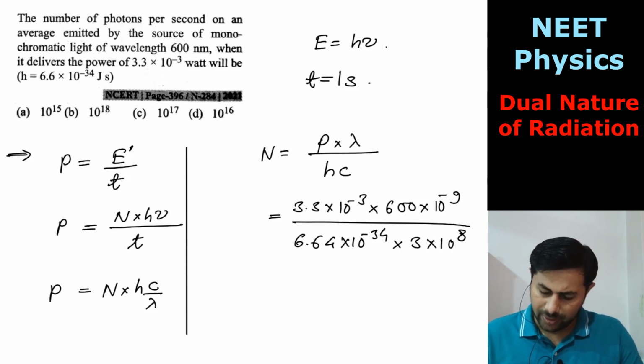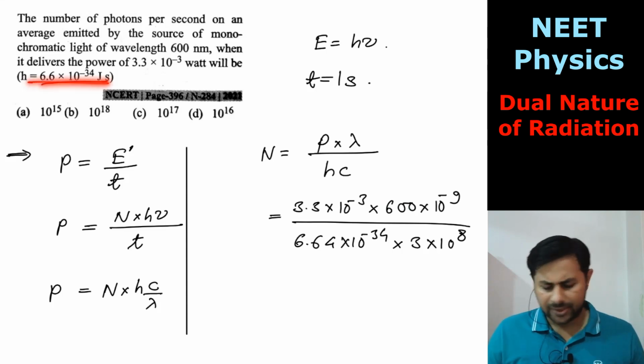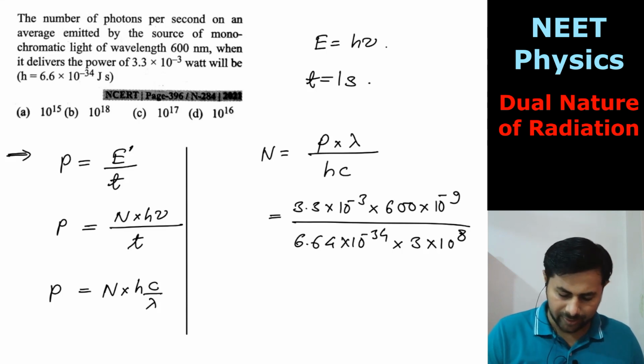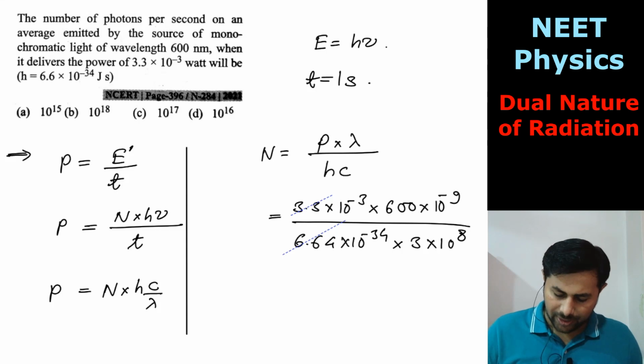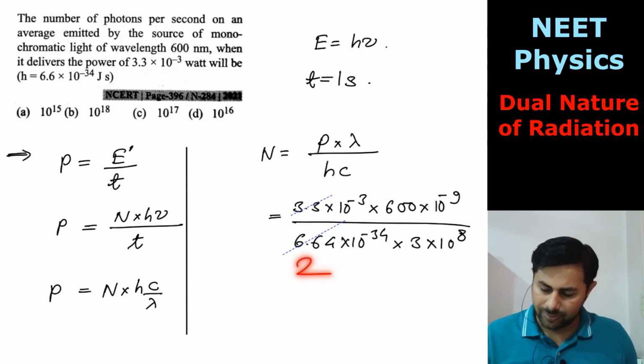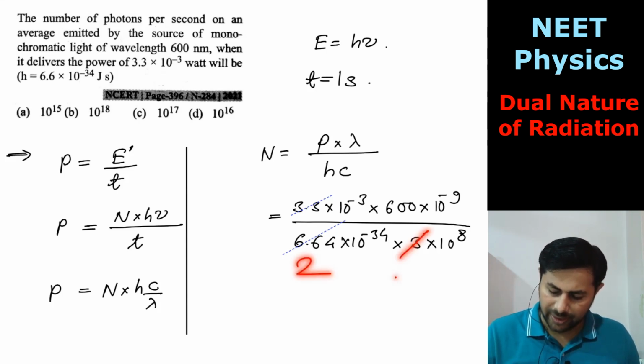Okay, so here they mentioned to take Planck's constant as 6.6 into 10 raised to minus 34, so that it becomes simple for calculations. So you can divide this by this. So this will be 2, then 600 by 3 is 200, 200 by 2 is 100.